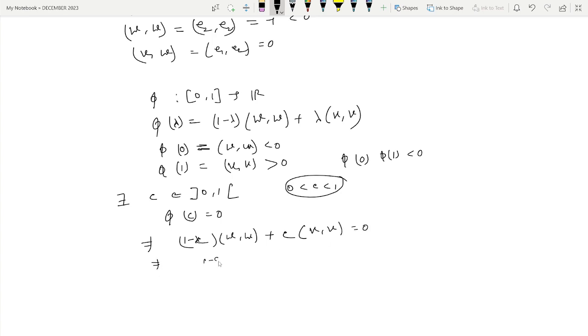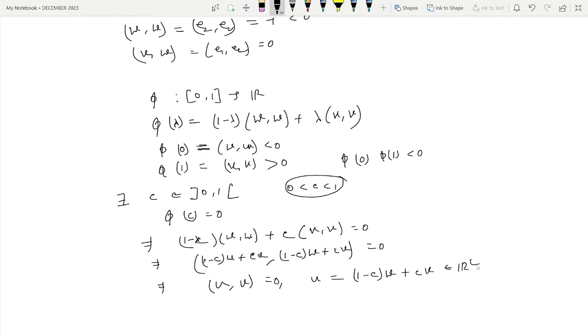That means B((1 minus c)w plus cv, (1 minus c)w plus cv) equal to 0. So just take u equal to (1 minus c)w plus cv belonging to R2. Now we have some u in R2 such that B(u,u) equal to 0, and we only need to check that this u is not equal to 0.